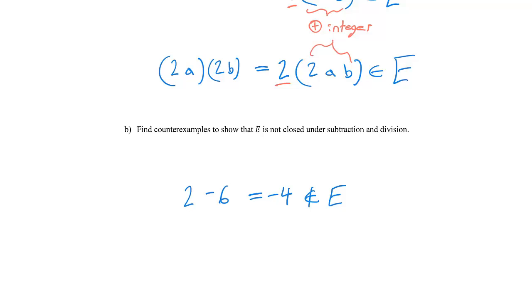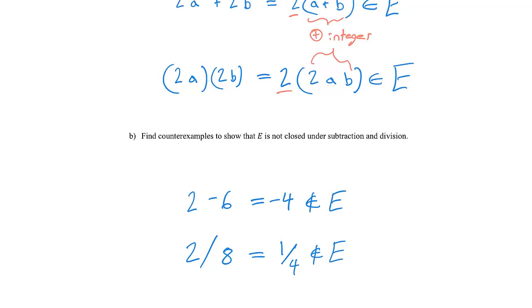And again, you might fail to come up with a correct counterexample by trying something like 8 divided by 2. 8 divided by 2 is 4, and that's inside of our set. But if you do 2 divided by 8, you get 1/4. Our set didn't have any fractions. So this is not an even positive integer. It is certainly outside of our set.